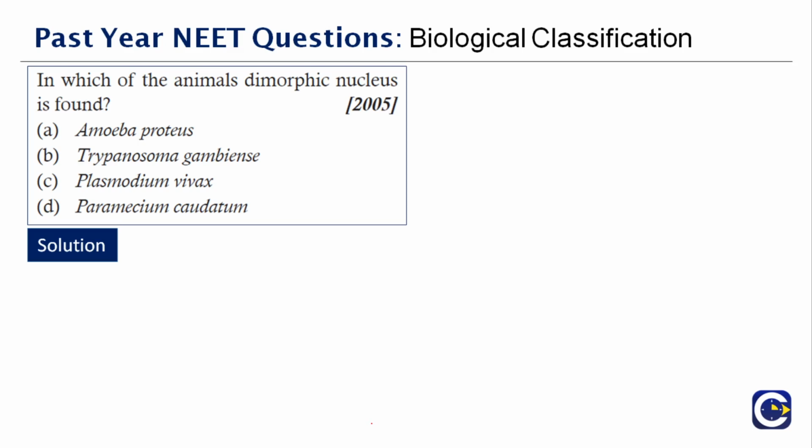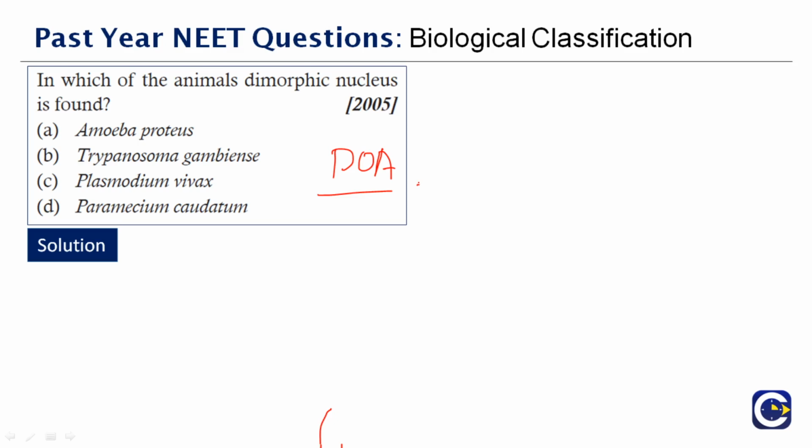Now, when we talk about the dimorphic nucleus in common, it is a densely packed cluster of large cells located in the POA. What do you mean by POA? It is also called the preoptic area of the hypothalamus, which is believed to be related to the sexual behavior of the animals.